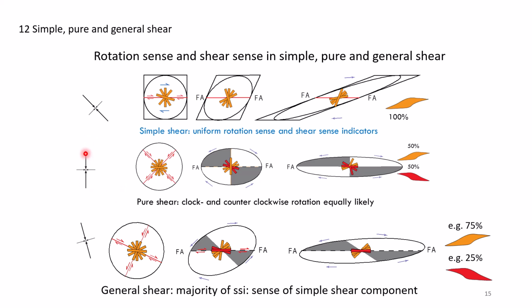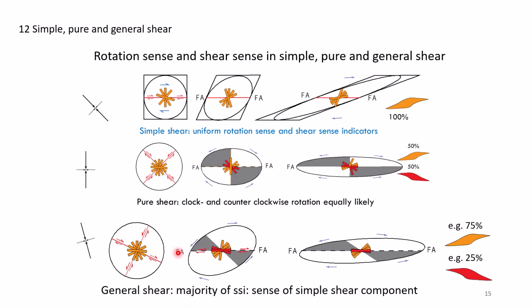Here the principal stress vectors are vertical and parallel with respect to the shear zone boundary, and in general shear they are somewhere in between these two end-member orientations. So in general shear, again, we will have different quadrants in which strain markers rotate in opposite directions, only that the quadrants are no longer equal in size, as we have observed in the pure shear case.